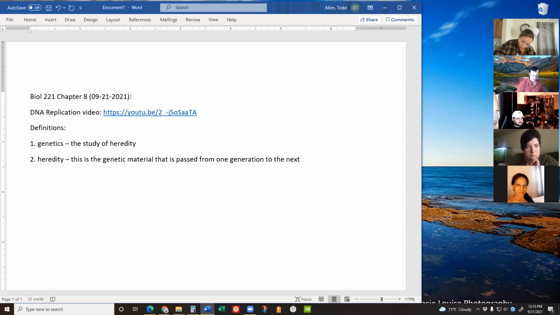Let me ask some of you. In the chat window, can you give one type of molecule that is transmitted between generations?